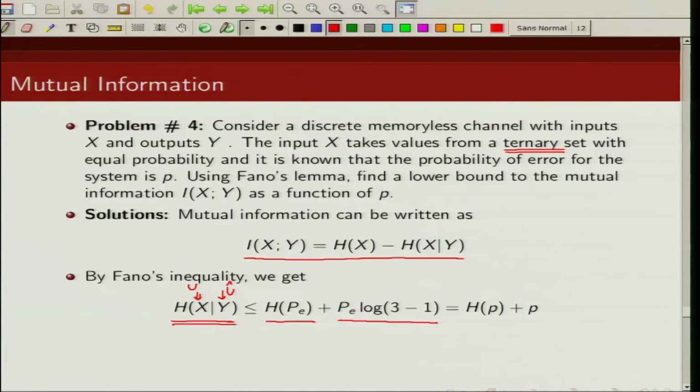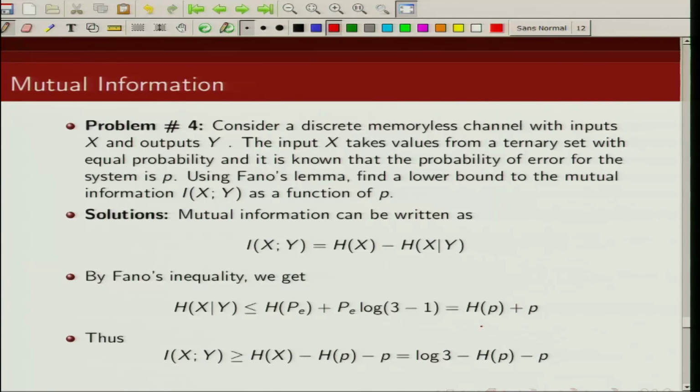So using Fano's lemma, I am able to get an upper bound on uncertainty in x given y, and this is given by this expression. Now if I plug in this upper bound on x given y in this expression, I will get a lower bound on mutual information between x and y.